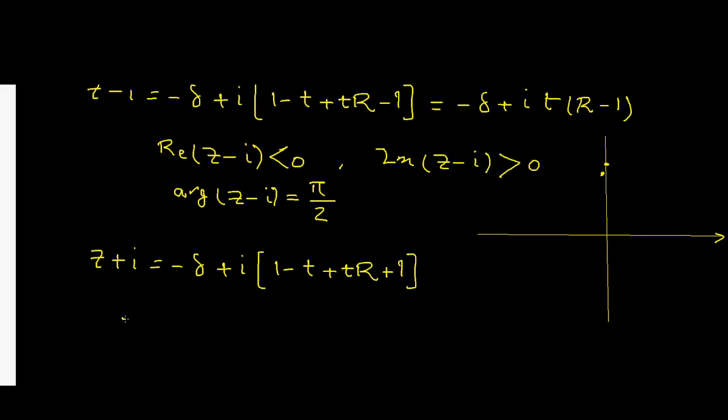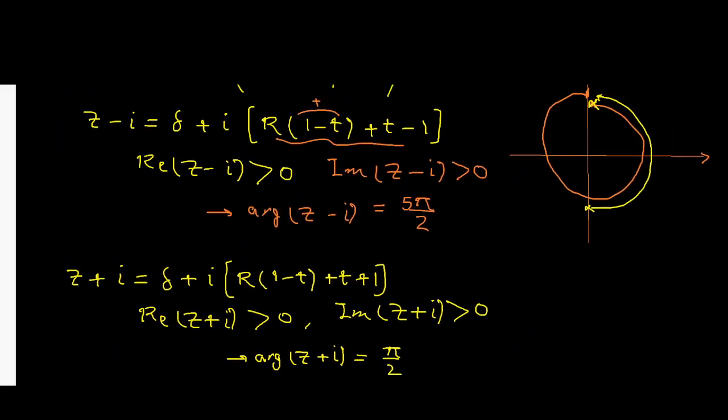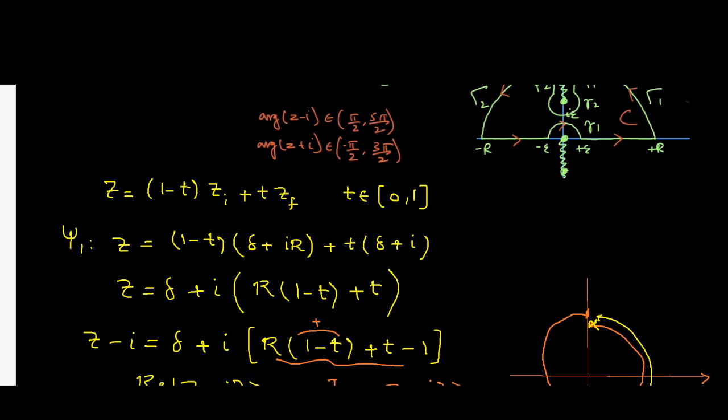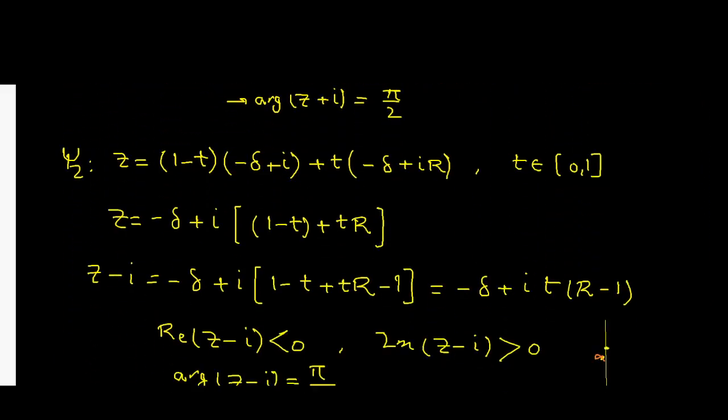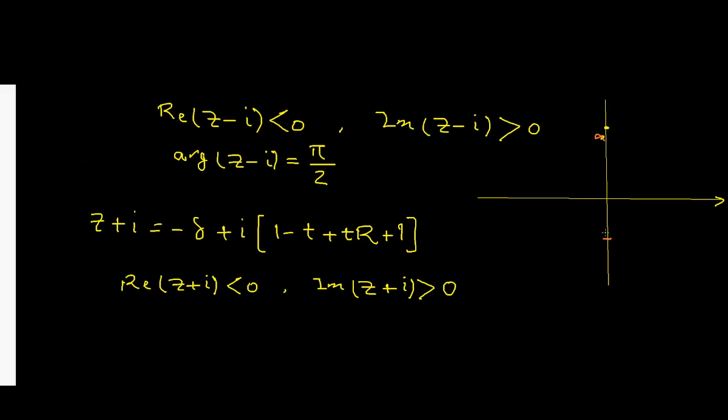So the real part of z plus I is the same negative delta, and the imaginary part is still positive, actually more positive. So we are at the same point, but now the interval has changed to negative pi by 2 to 3 pi by 2. So as we start on the negative imaginary axis and we reach that point, we get the argument of z plus I as pi by 2.